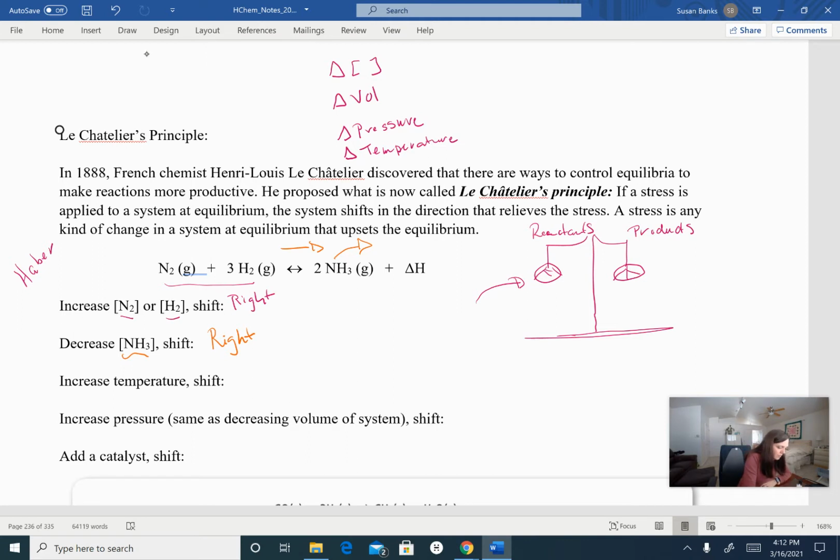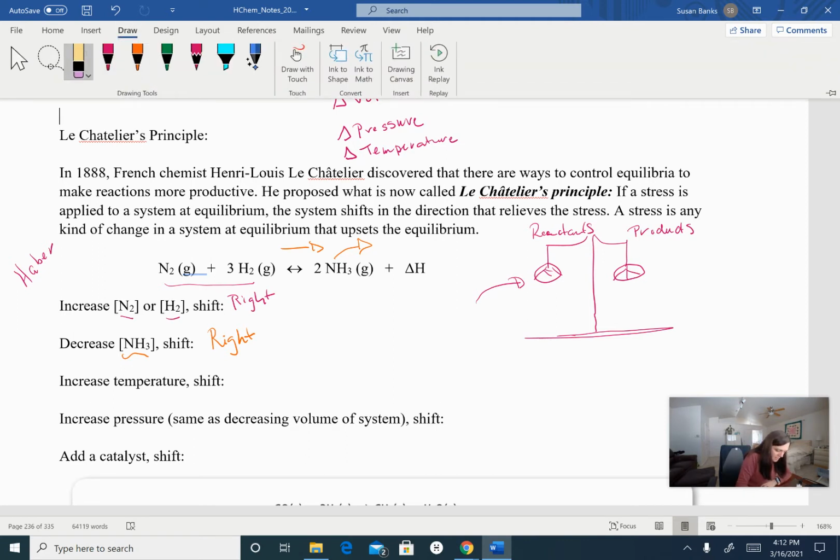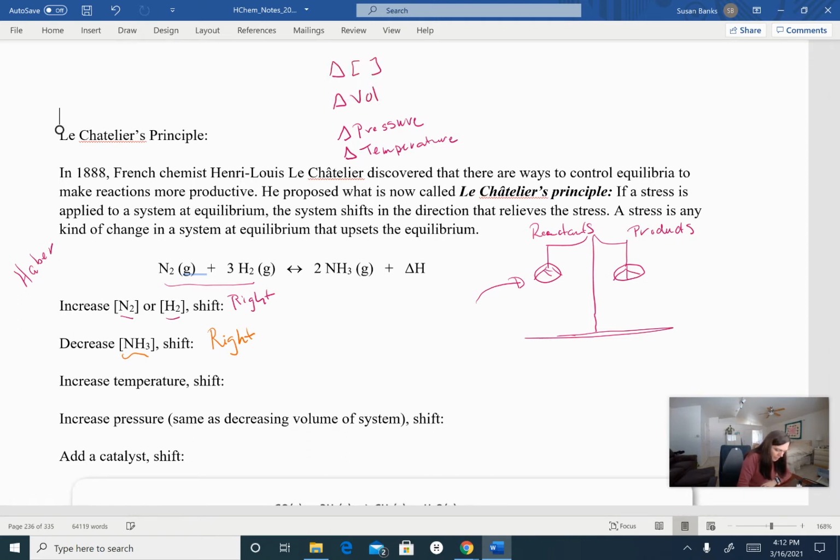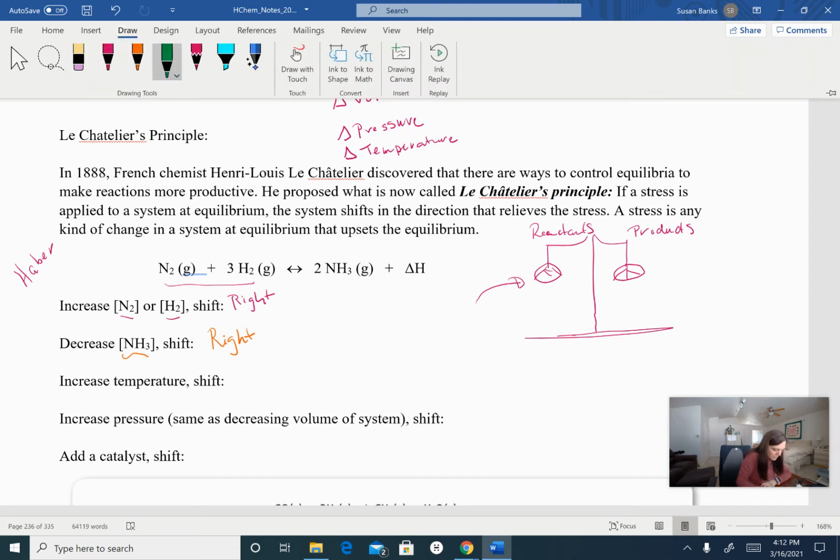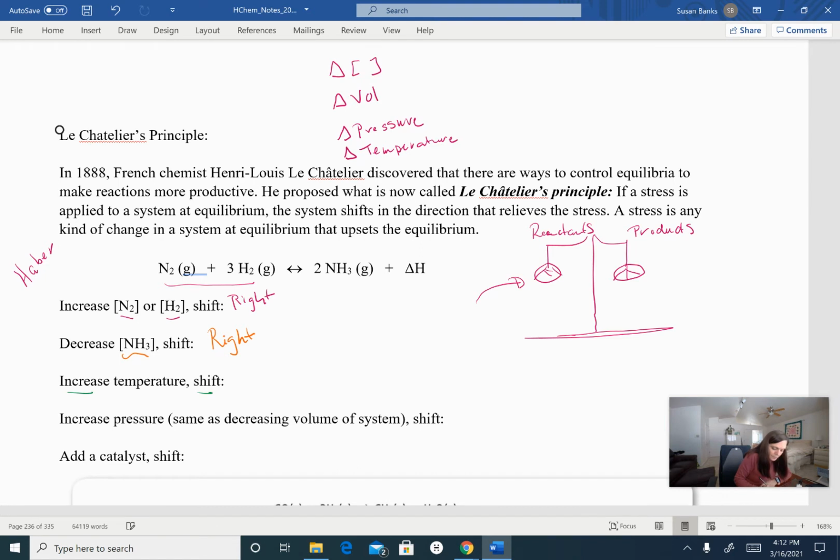Okay, so let's look at this next one. I'm going to increase the temperature. Increase that temperature. Now, notice that the heat is on the product side. So that means we've got, yes, an exothermic reaction that is releasing a lot of heat.